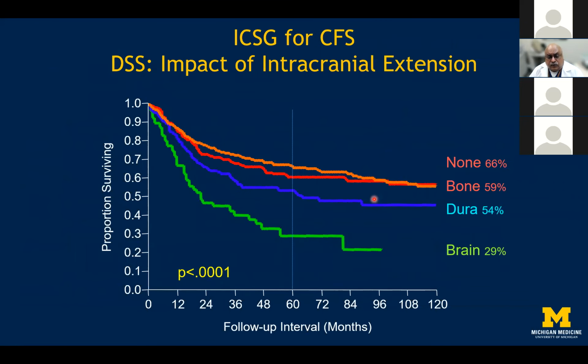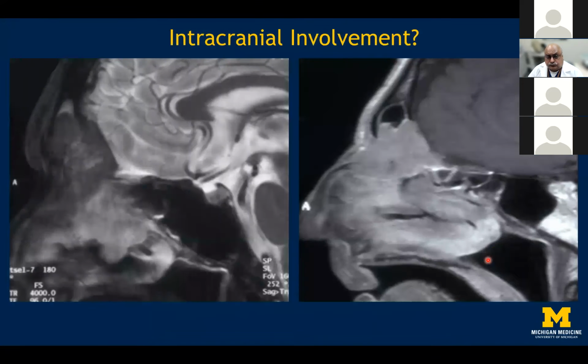This is an older slide which shows the Kaplan-Meier survival curves compared with no involvement of the bone, dura, and brain of the anterior fossa for head and neck carcinomas, and one can imagine that there's a progressive decrease in the overall survival of these patients with progressive involvement of the intracranial structures from dura to brain and to bone.